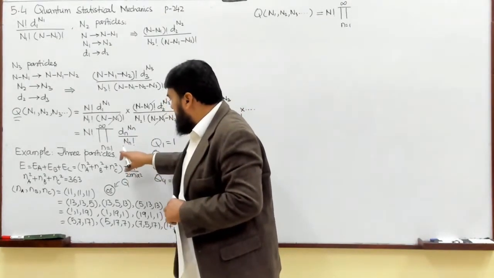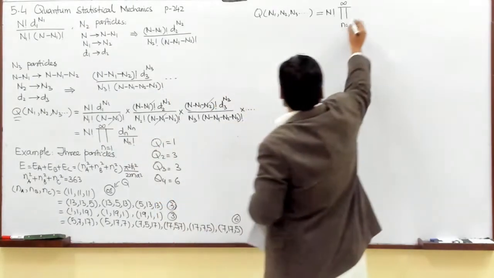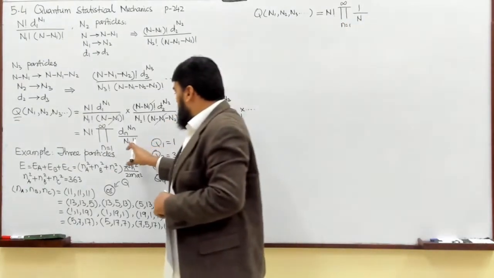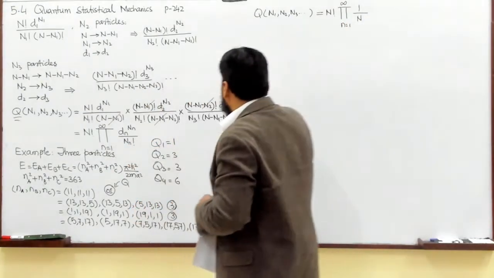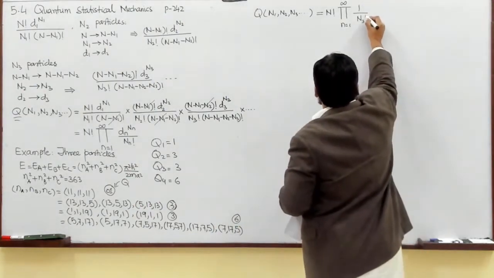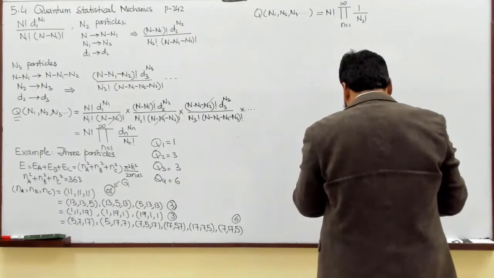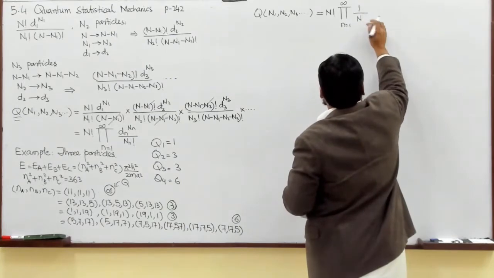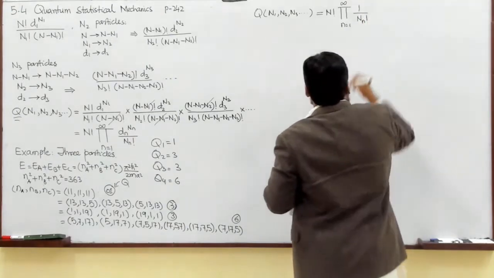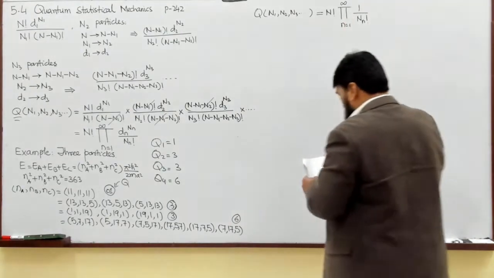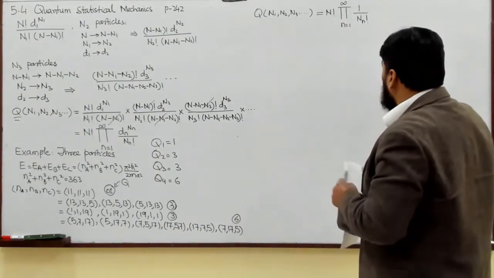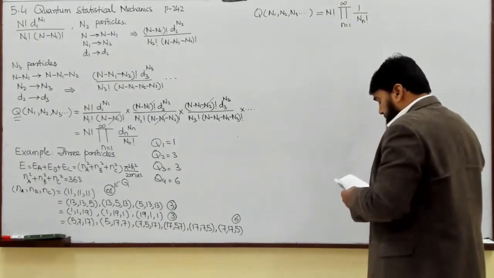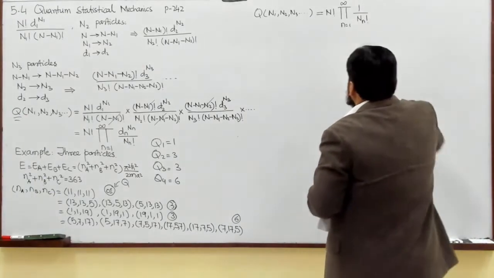In this example we consider the degeneracy equal to 1. And this N is the total number of particles. Let me now put in the values.